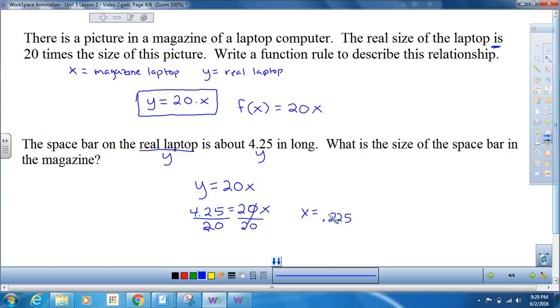So the size of the spacebar in the magazine is 0.225 inches. Okay, good. So we wrote a function rule, and then we used that to answer a question. Okay, let's look at another problem.